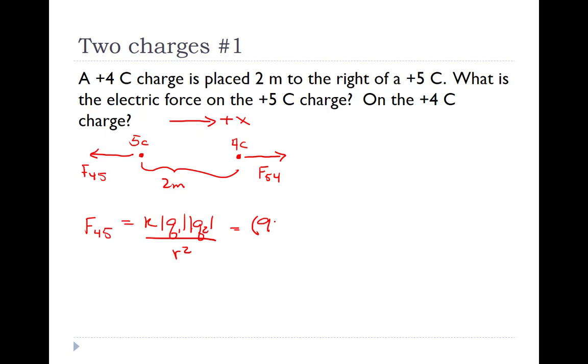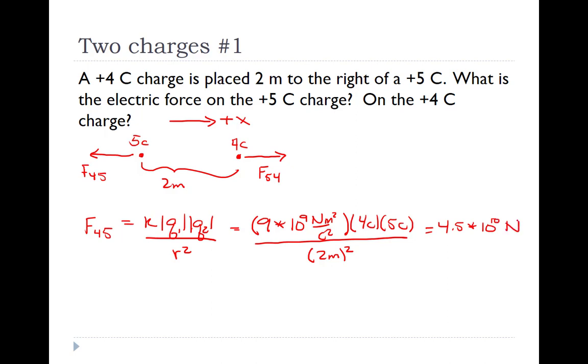K is a constant with a value of 9 times 10 to the 9th Newton meters squared per Coulomb squared. Q1 is 4 coulombs, Q2 is 5 coulombs, and remember again, it doesn't matter which one is which, divided by 2 meters squared. And that works out to be 4.5 times 10 to the 10th newtons.